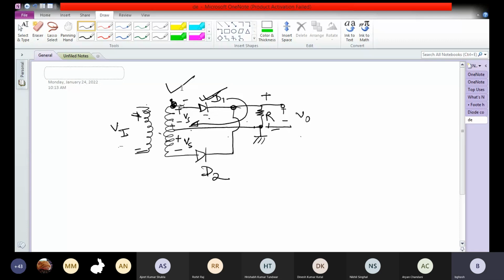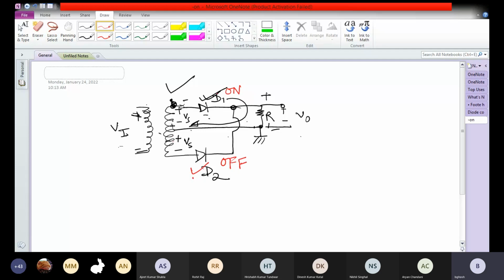Similarly, when Vi changes polarity, then this voltage Vs changes polarity, so diode D2 starts to conduct and D1 is turned off. During the positive half cycle of Vi, D1 is on, D2 is off.